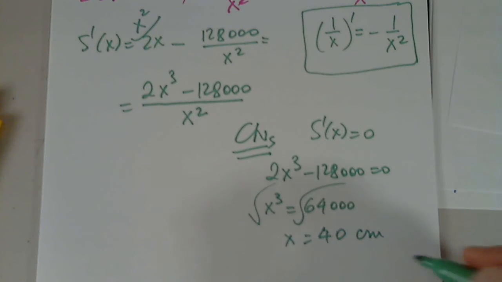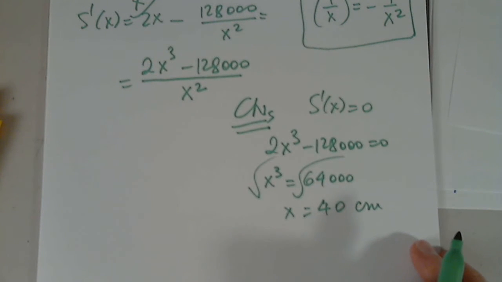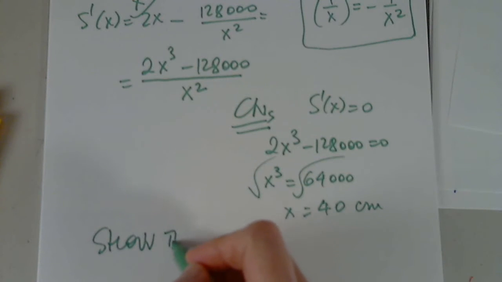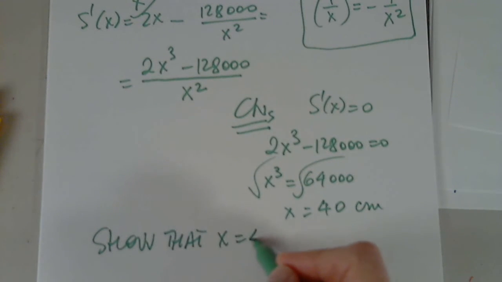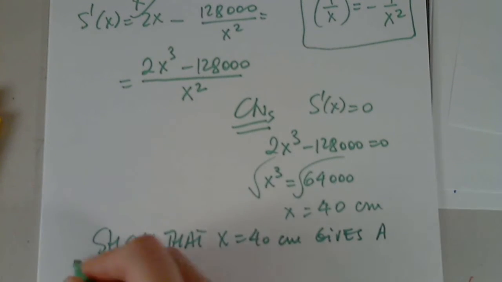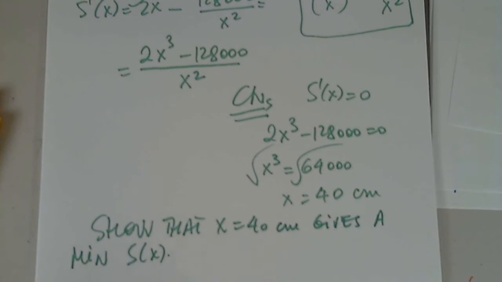So do I claim that this gives a minimum? Absolutely not. You should not accept that. You should show that x equals 40 gives a minimum of S of x, because you have to show that.